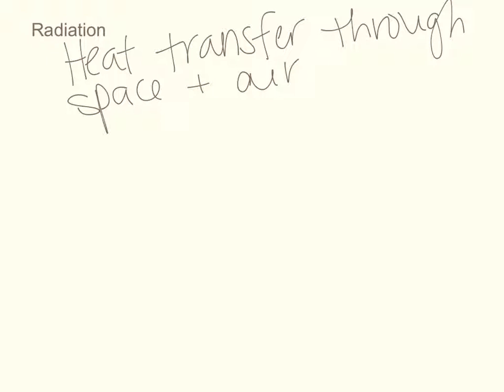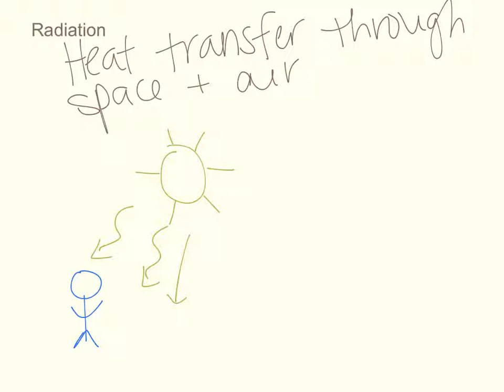So an example would be the sun. Let's drop the sun here, a green sun, I guess. The sun is shining on me, and I guess I'll be blue today. So here I am, and I'm getting warm. This heat is hitting me, and I'm getting warm.